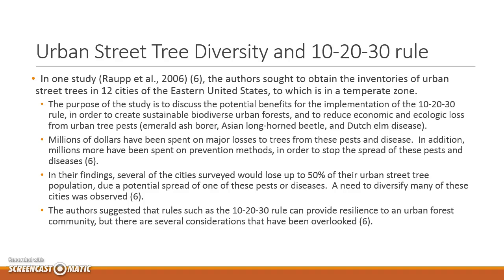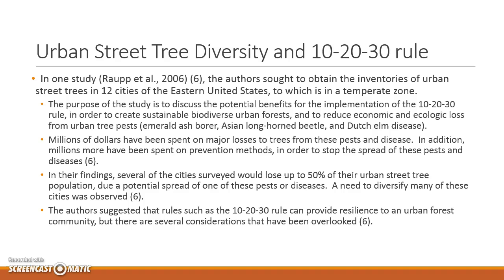Anyway, the purpose of this study is to discuss the potential benefits of implementing the 10-20-30 rule in order to create sustainable, biodiverse urban forests and reduce economic and ecologic loss from urban tree pests, such as the emerald ash borer, the Asian longhorned beetle, and Dutch elm disease.